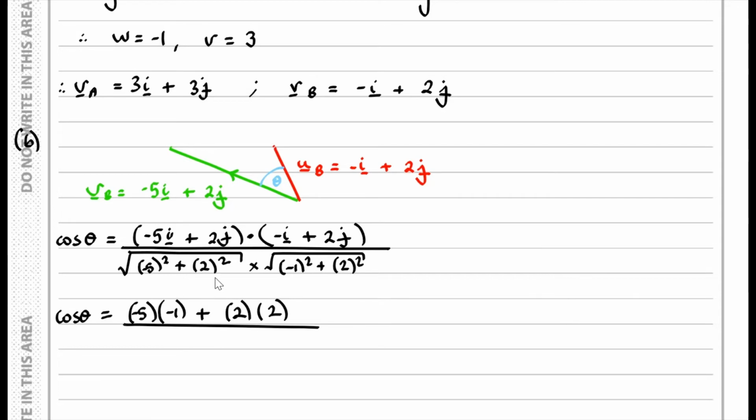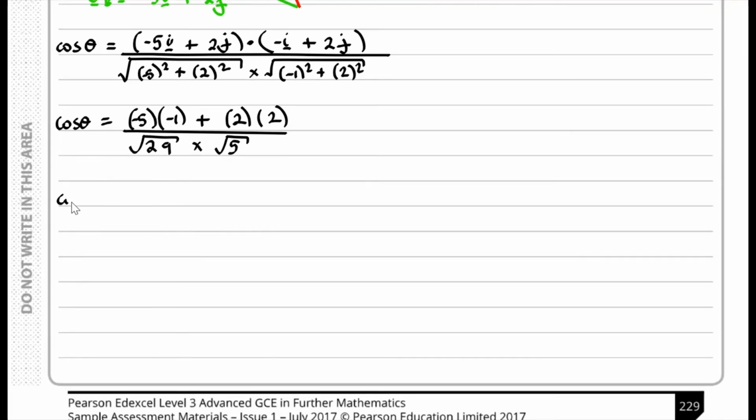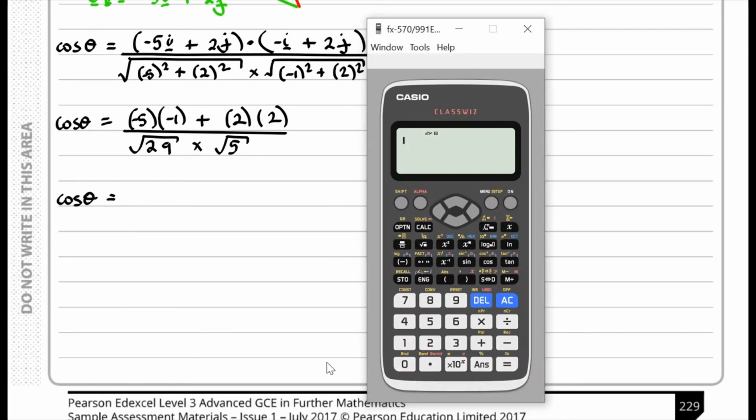On the bottom we've got the square root of 29 multiplied by the square root of 5, and if we work this out, we have 5 plus 4, and then we divide that by the square root of 29 times the square root of 5.